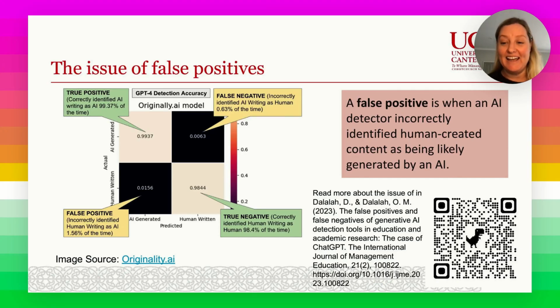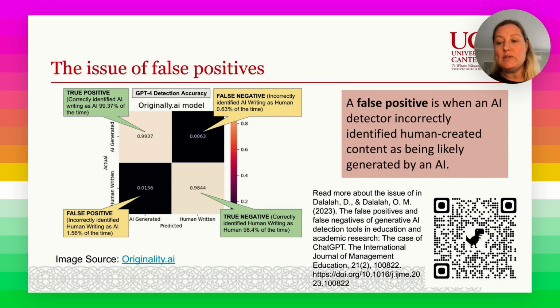Given that AI detectors rely on this very narrow set of criteria, it's not surprising that they're prone to false positives. False positives occur when writing is incorrectly identified as AI written when it's not.